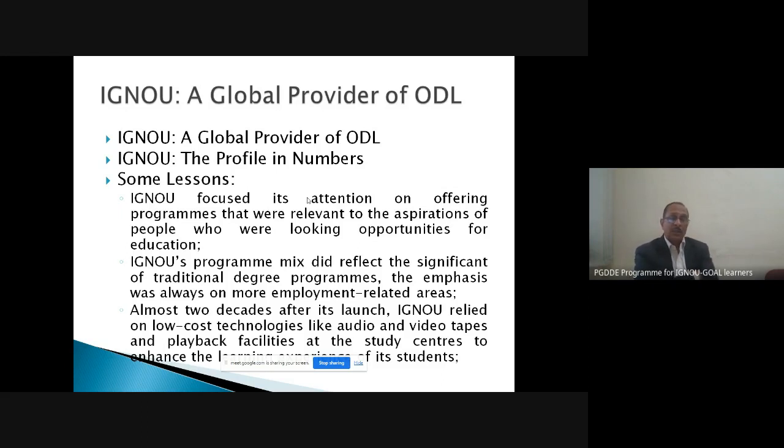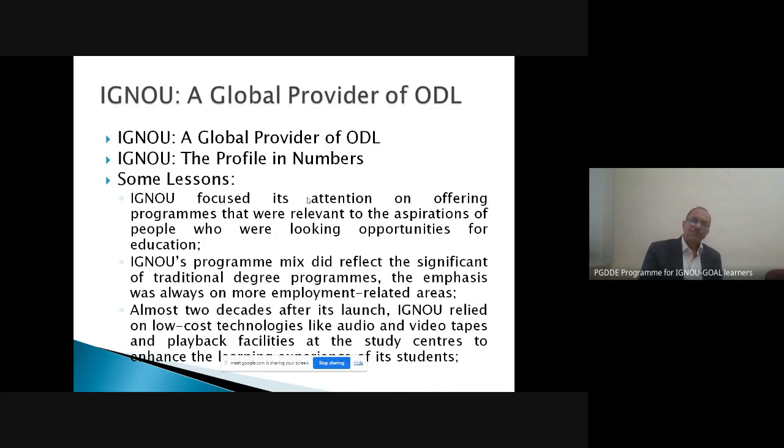Actually, all over the world, distance education should go for more skill-oriented and employment-related programs, rather than general programs offered by the conventional universities. I think that was the effort from day one. That's why, earlier when I was explaining the new professional areas like tourism, MBA banking, hospitality management, BSc nursing, what I mean is these are specialized areas where jobs and employment are ensured. So that type of programs are to be offered through distance education.